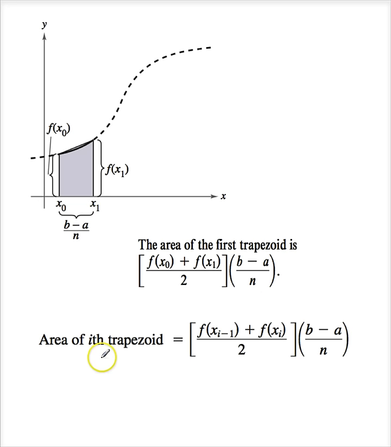Now, if you extend this to the ith trapezoid, you get f of x sub i minus 1 plus f of x sub i over 2 times b minus a over n, where this is your delta x, and this is 1/2 of h1 plus h2.